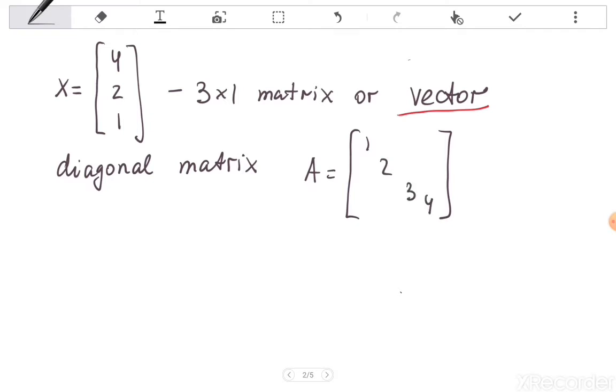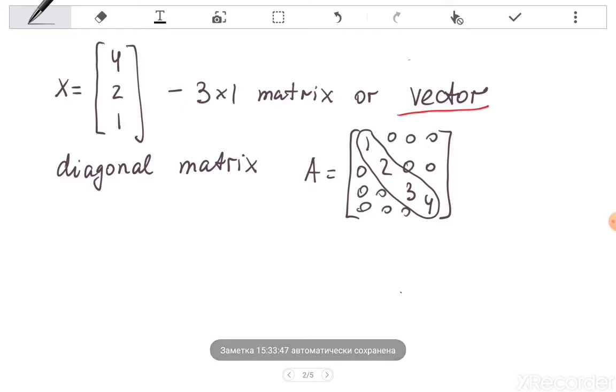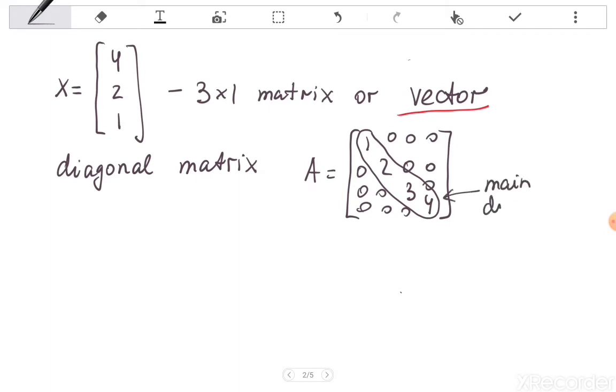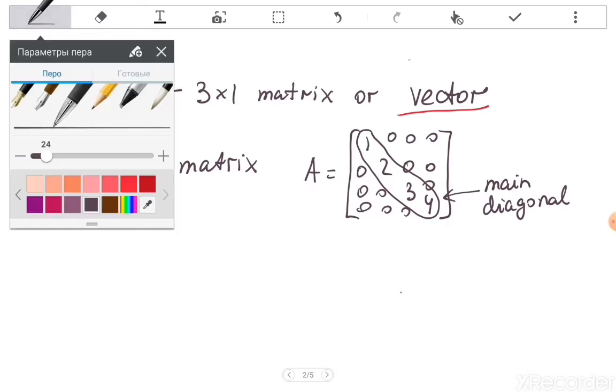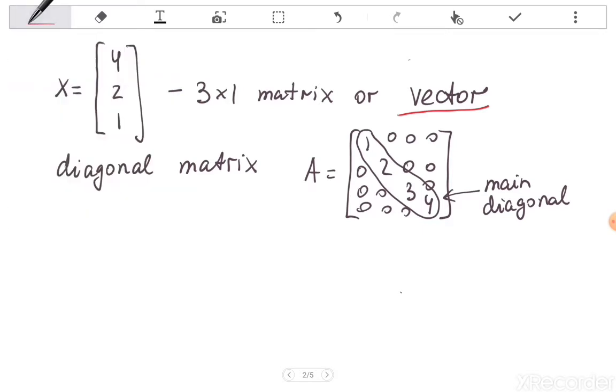Assume that we have a 4 times 4 matrix, and this thing is the main diagonal. So if the elements of the main diagonal are non-zero and all other terms are zeros, in this case we say that the matrix is a diagonal matrix.